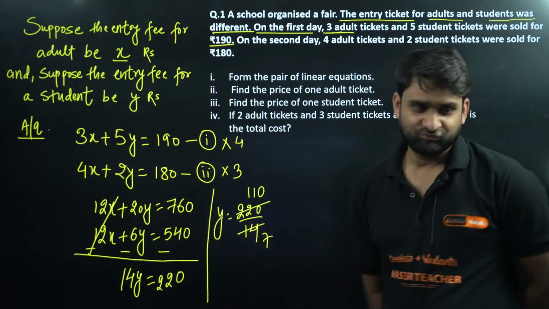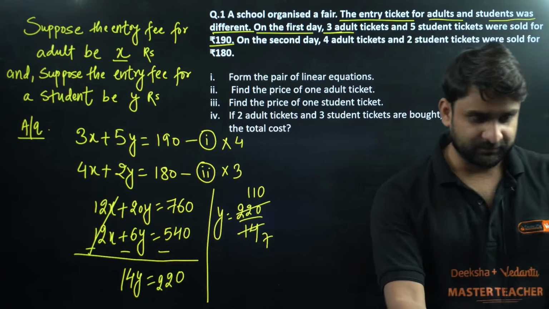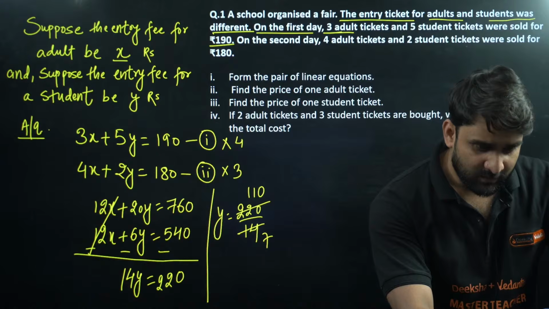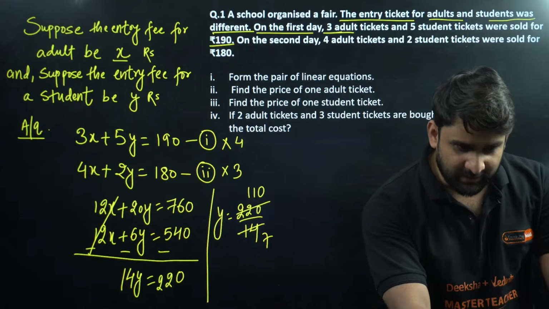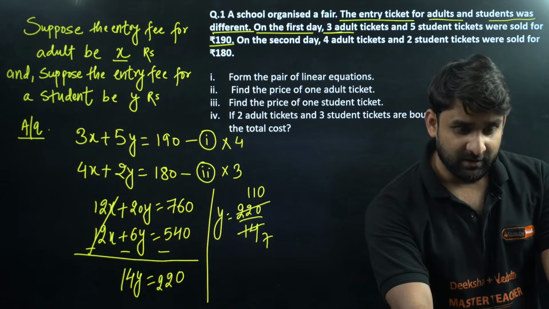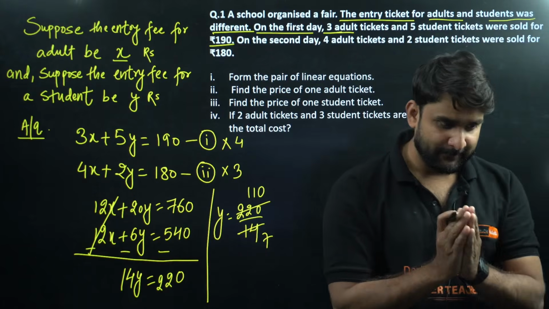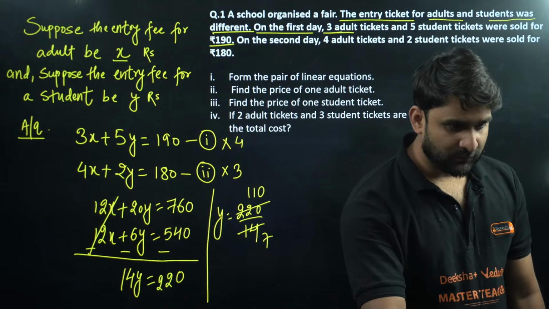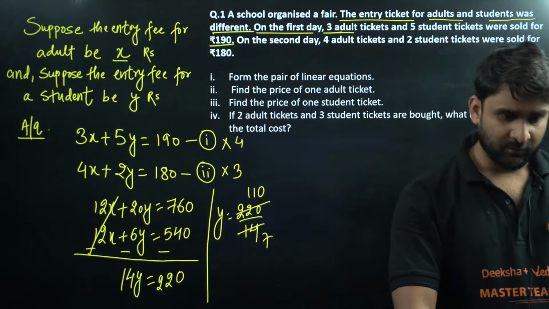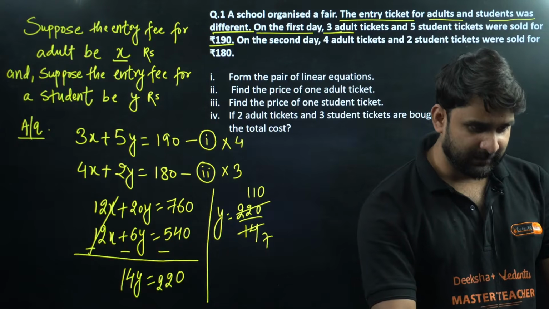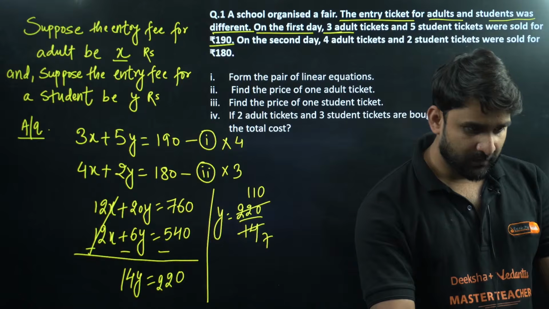Yes, what will be the result? Come on, everyone. Exactly, x and y also. Everyone, is it clear, everyone? Find out x also. Come on, find out x also quickly.